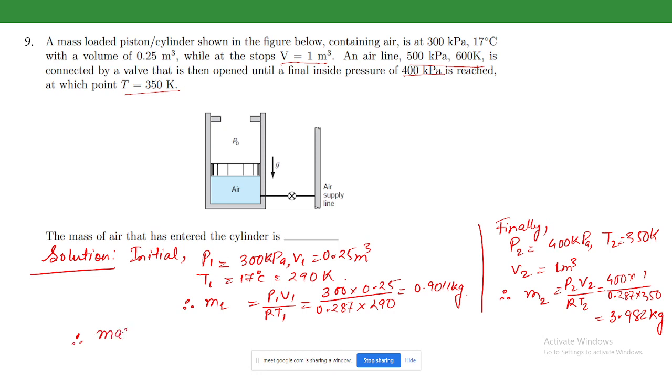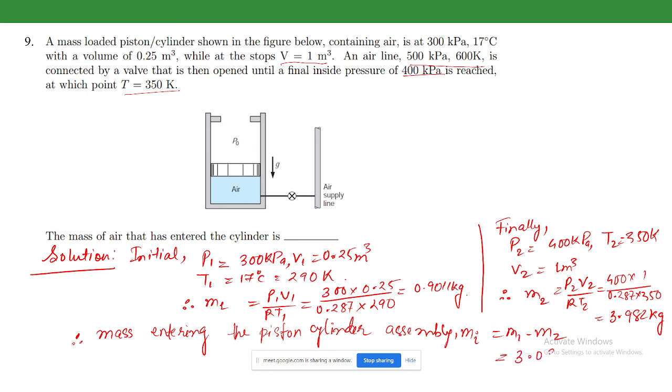Therefore the mass entering the piston cylinder assembly, that is Mi, is equal to M2 minus M1, and this is 3.081 kg. The answer.